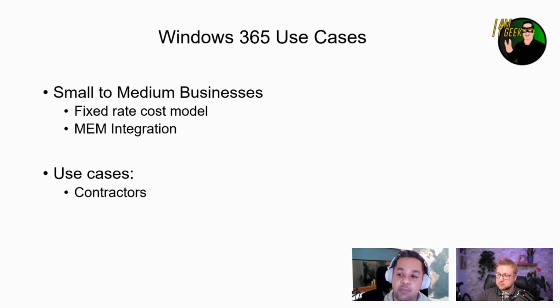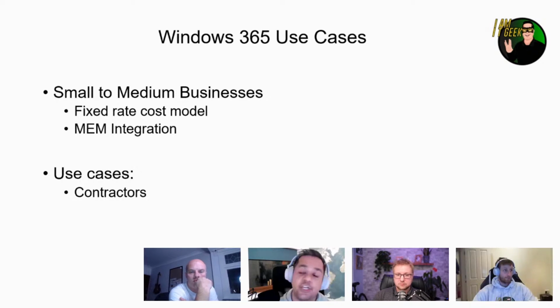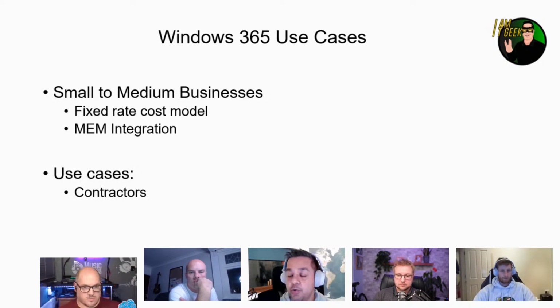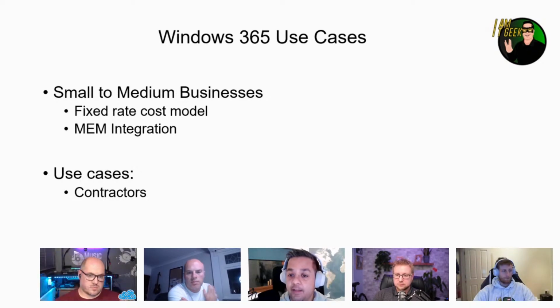I would say that's where the integration comes in with your compliance and your conditional access policies. You integrate with the conditional access policies, so you can protect those PCs. The same rules apply, especially with that MEM integration, so you can use all the good stuff you would be able to if you had an on-premises laptop.